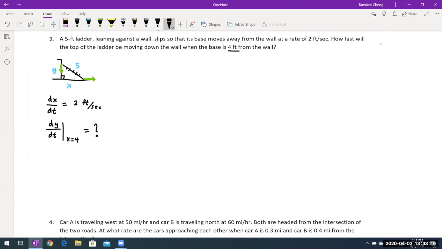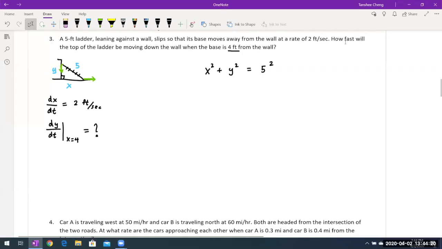Now, to relate these two rates of change, we use the Pythagorean theorem, which is x squared plus y squared equals 5 squared. Are there any questions before I move any further?